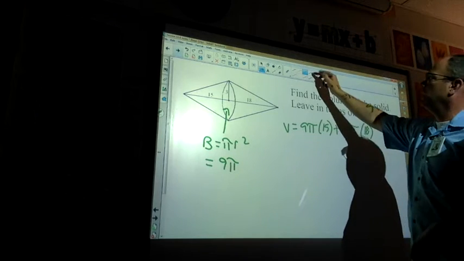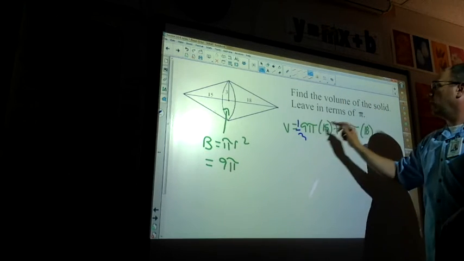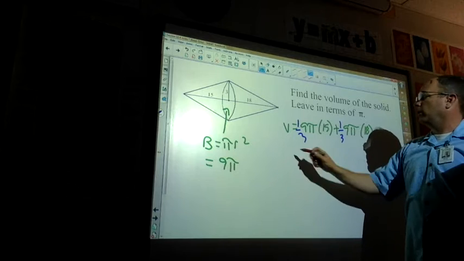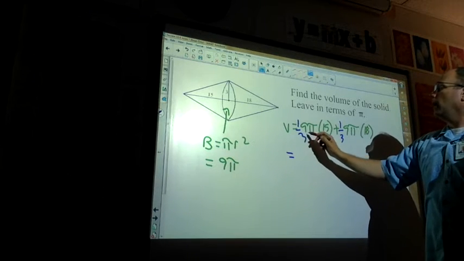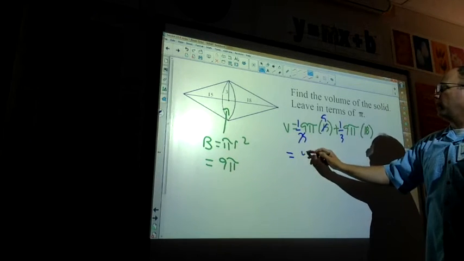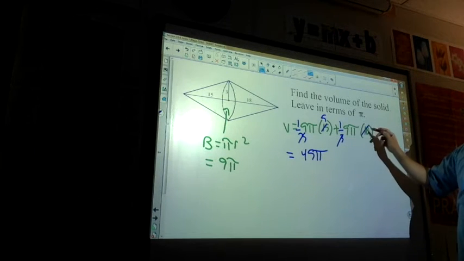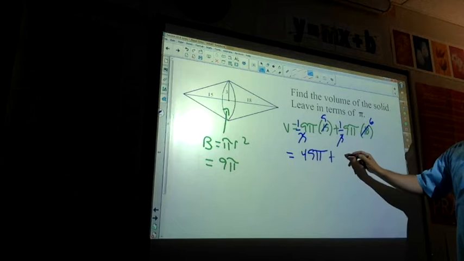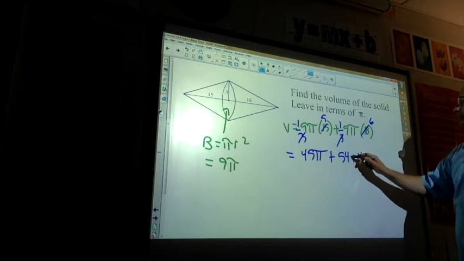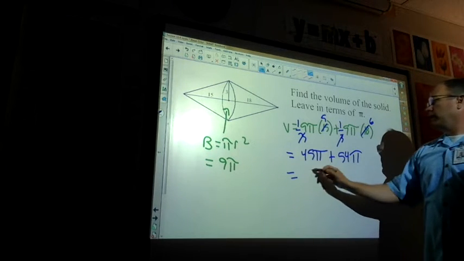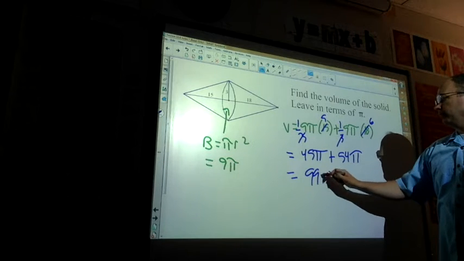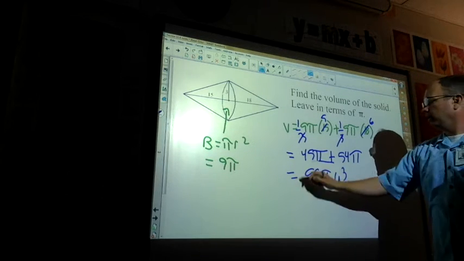And what am I forgetting? 1/3 here and 1/3 there. So 3 goes into 9, that's 5, that's 45 pi. And that's 6, so that's 54 pi. If I add those together, I get 99 pi.